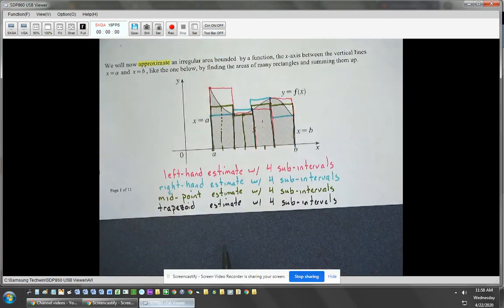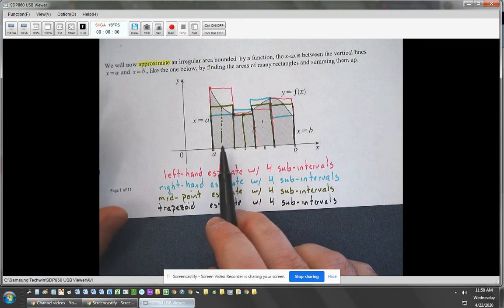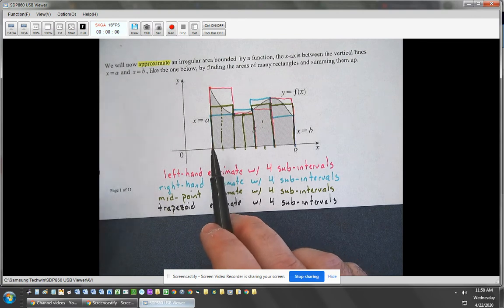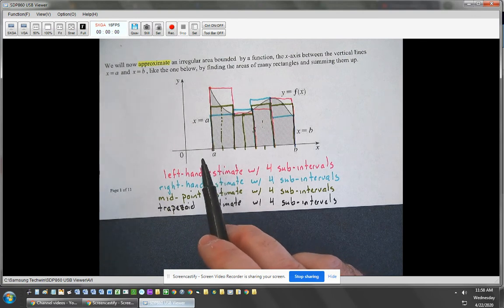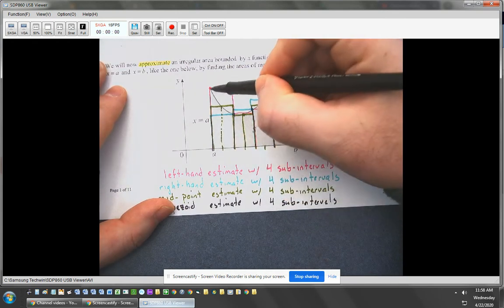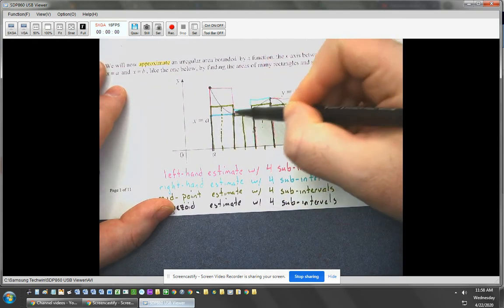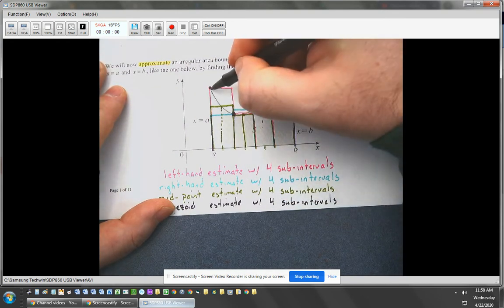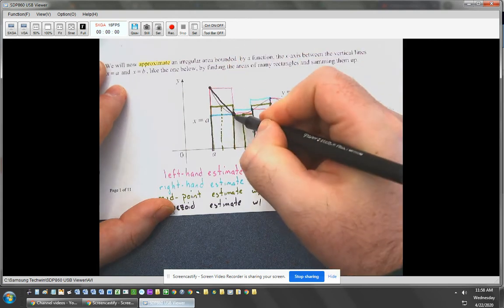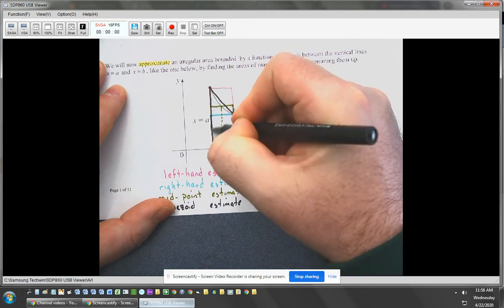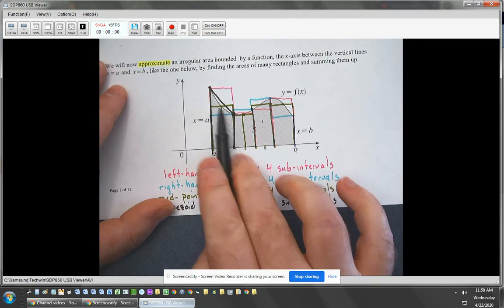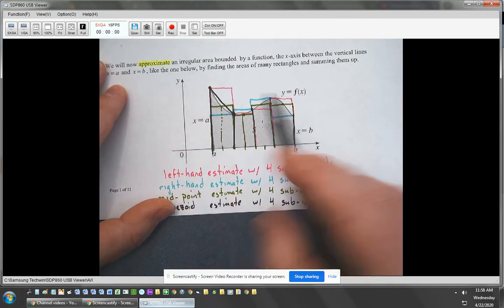All right, so remember our trapezoid has one pair of parallel sides. So I'm going to use the left-hand estimate as one side, the right-hand estimate as the other, and then I'm going to draw a trapezoid in there. Now this one's slightly over, but that's a pretty darn good estimate. It's not as bad as the right hand or left hand estimate.